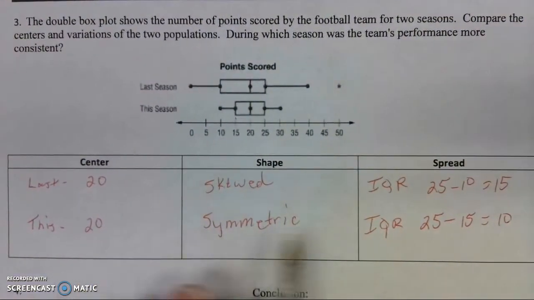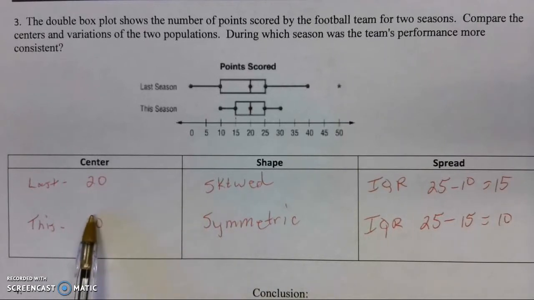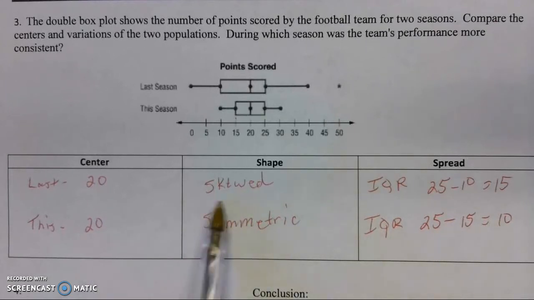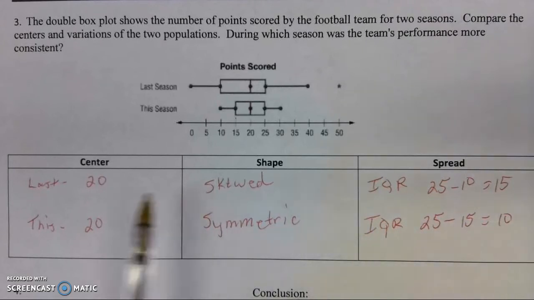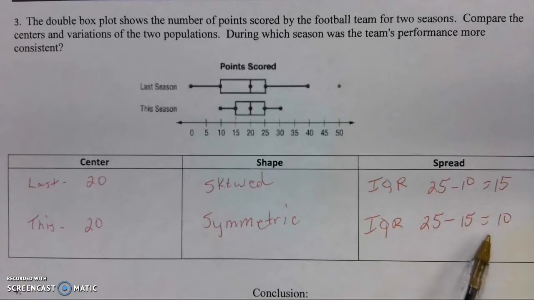So now as I look at these 3 parts of the graph, notice that even though if I only looked at median, it looks like the team's performance was the same for last season and this season. If I look at the shape and I look at the interquartile range, I'm going to see that this season they were much more consistent. I have a smaller interquartile range and my graph is symmetric.